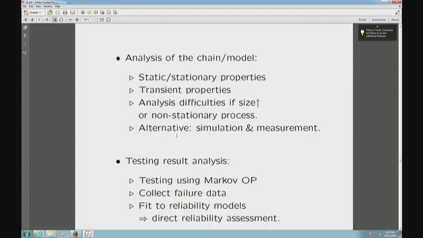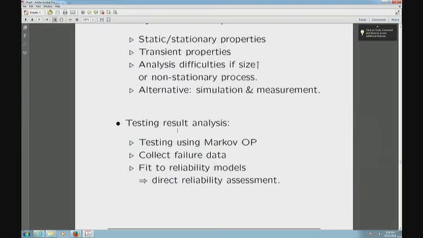If it's not stationary, then you can only approximate the state probability by looking at some measurement and simulation, okay?